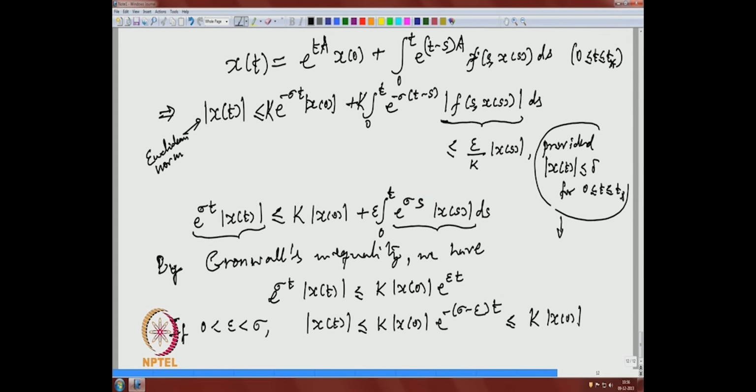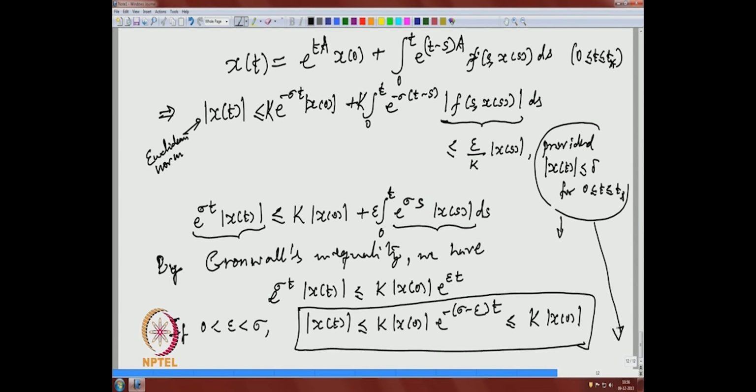Okay. So, this is the crucial inequality we have obtained. But you have to remember that all these things are derived provided x t is less than or equal to delta. So, we have to somehow now assure that x t will remain less than or equal to delta. Okay. And now that is easy.